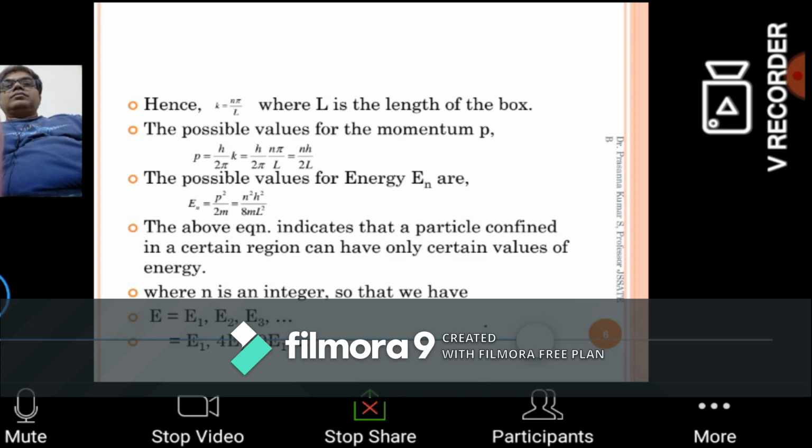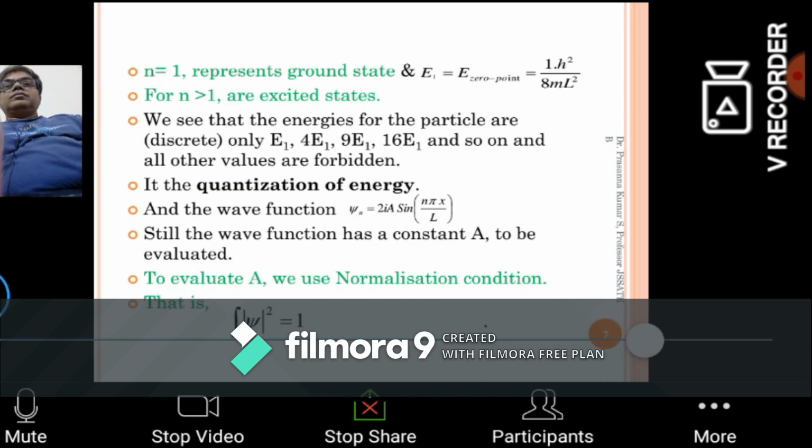That is, under quantum mechanics, the particle sitting in its lowermost energy state does have some positive value for its energy. It is not zero. And all other states n greater than 1 are called the excited states. So n equal to 1 represents the ground state, that is E1, equal to the zero point energy, h square by 8 m l square. All states n greater than 1 are called the excited states.